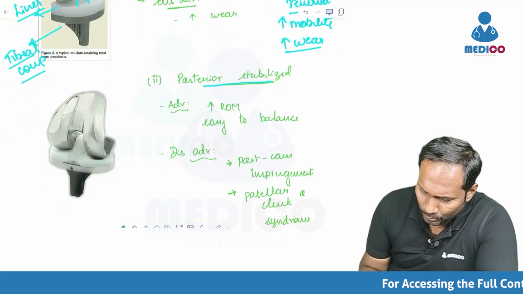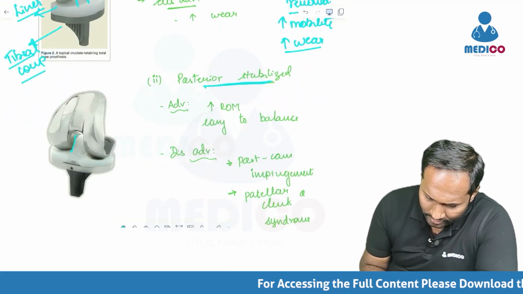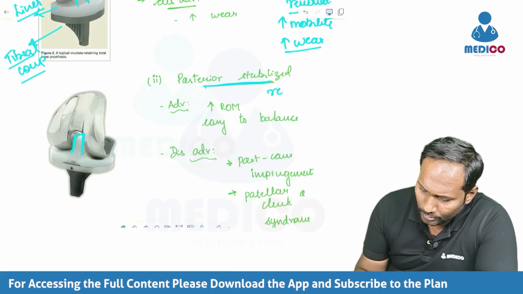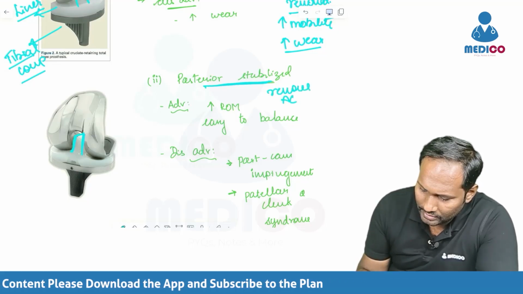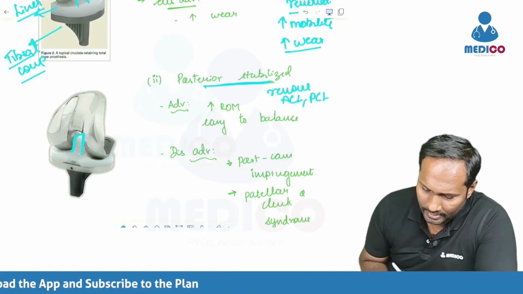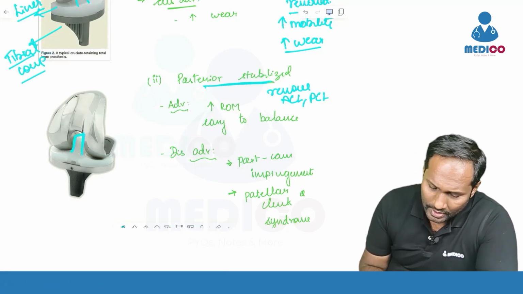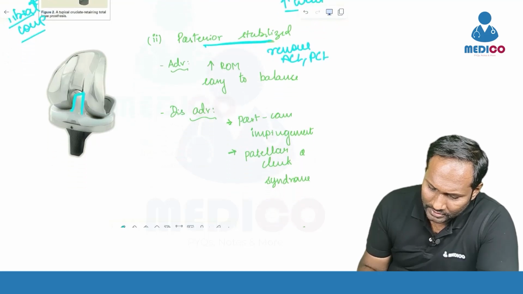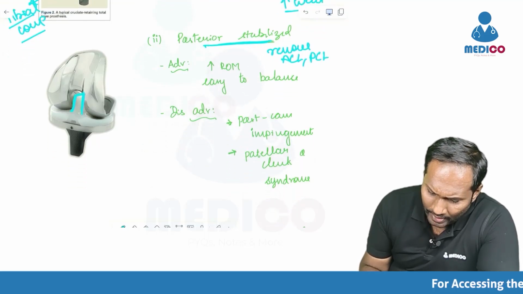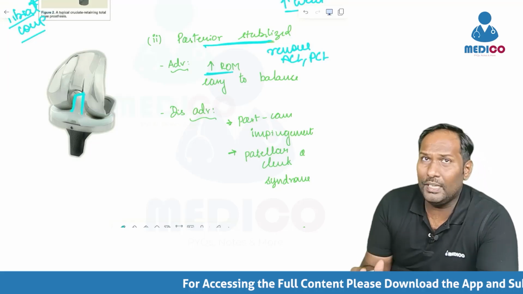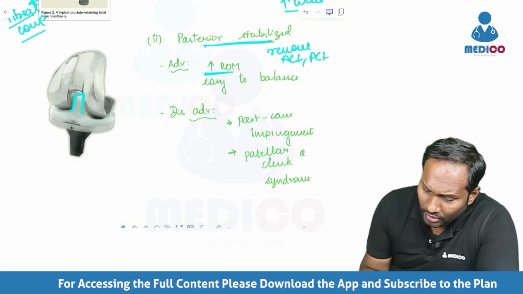The next one is the posterior stabilized, where you have this central block. That is the only difference. That means I'm going to remove both the ACL and PCL and stabilize with this block. This will compromise my stability, but give me more range of movements.